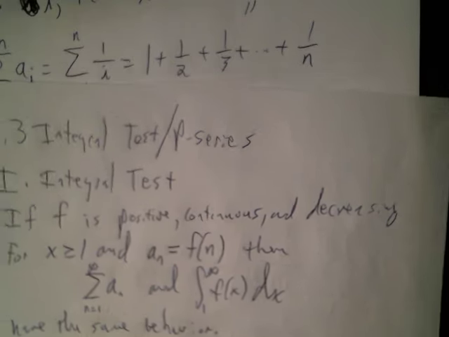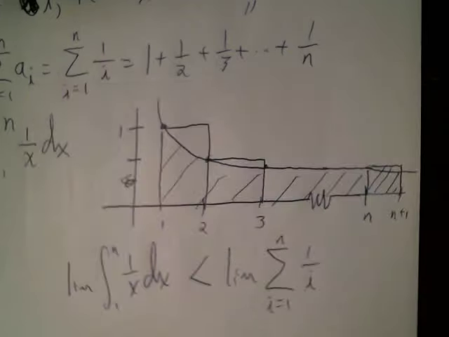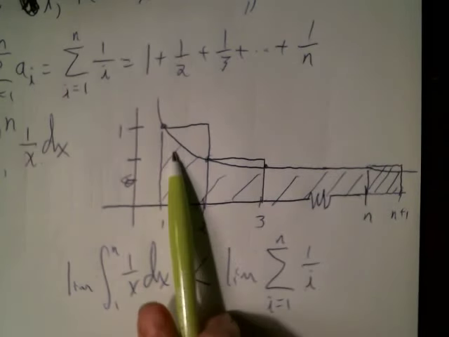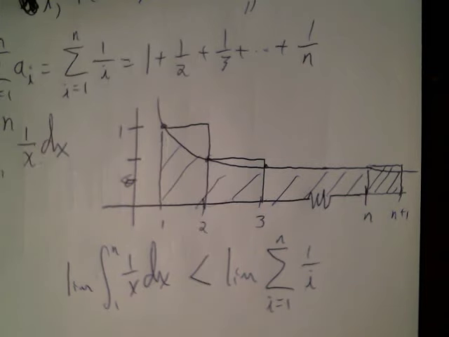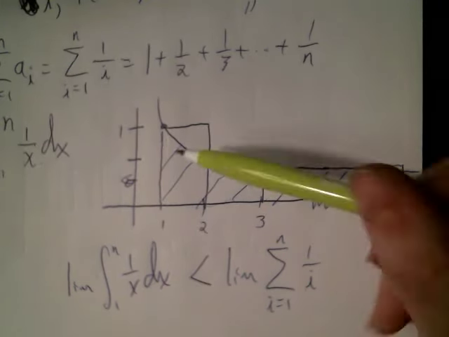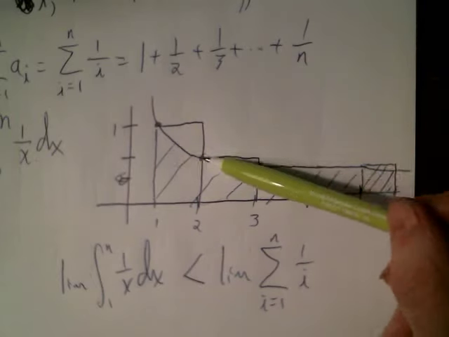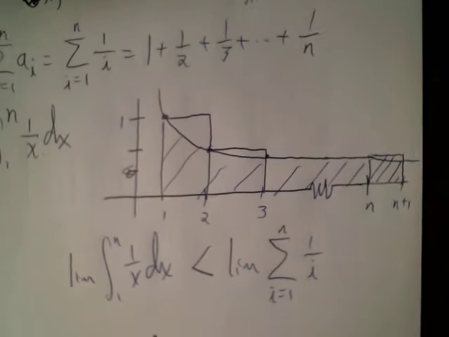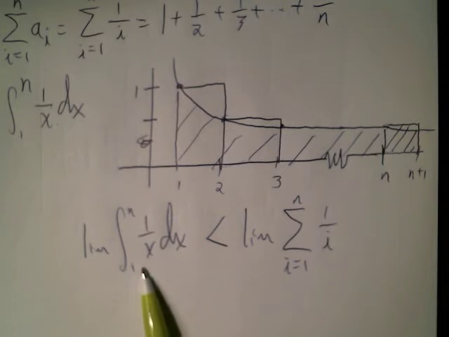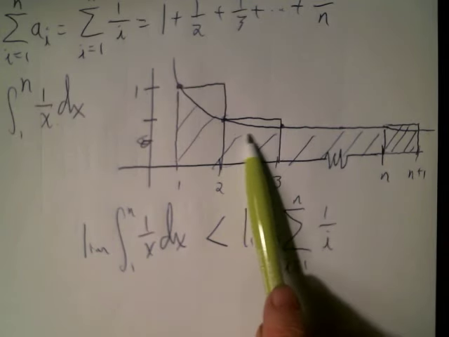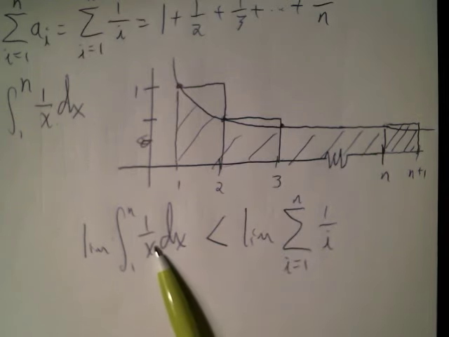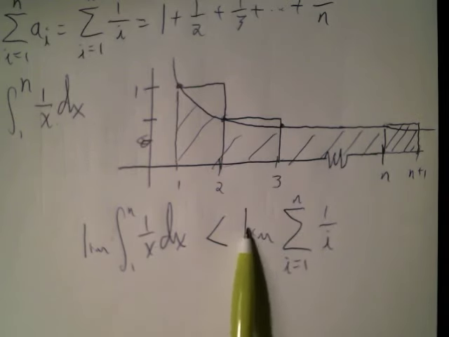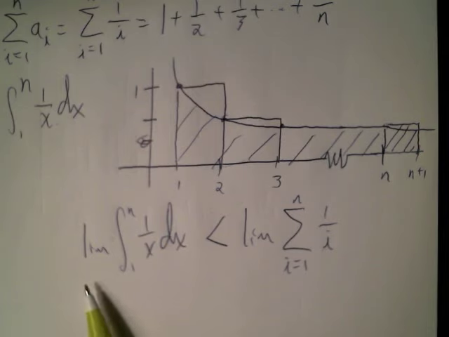Okay? And the squishiness issue I was talking about is the fact that you can either put the rectangles above or below depending on the endpoints that you pick. Right? So if I know that the integral is convergent, I can always put these rectangles underneath the curve, and that'll have area less than the area underneath the curve, and therefore that sum will be forced to be convergent.